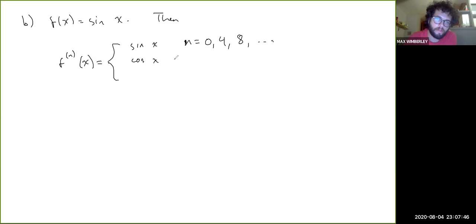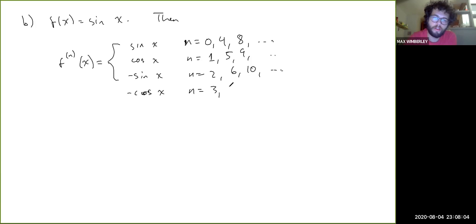Cosine of x for n equals 1, 5, 9, and so on. Negative sine of x for n equals 2, 6, 10, and so on. And negative cosine of x for n equals 3, 7, 11, and so on. Right?